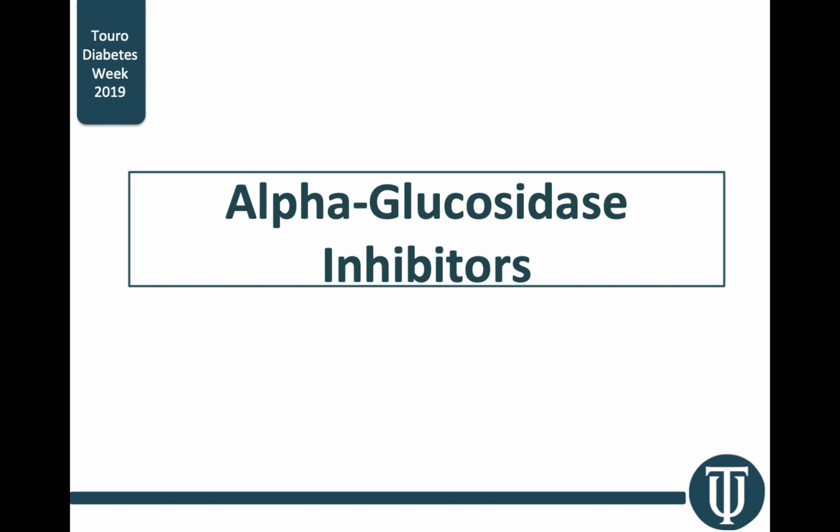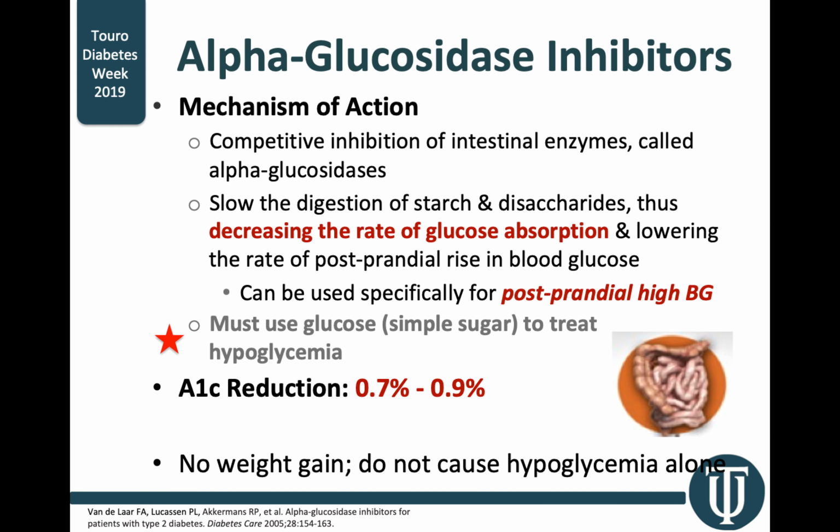For alpha glucosidase inhibitors, how do they work? They inhibit the enzyme in the intestines called alpha glucosidase. What this enzyme does is break down complex sugars into simple sugars.